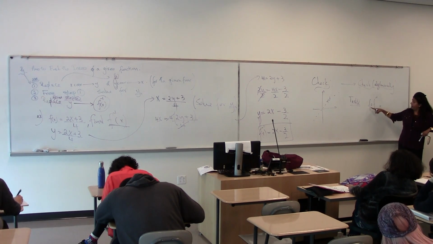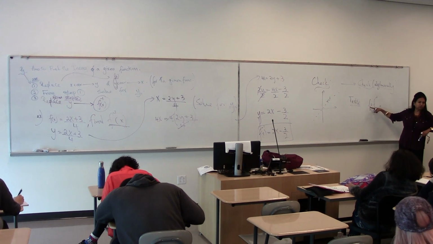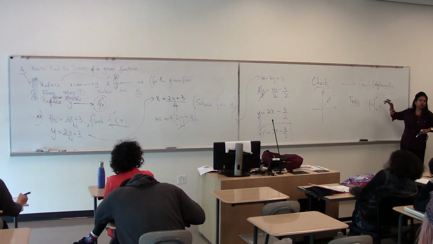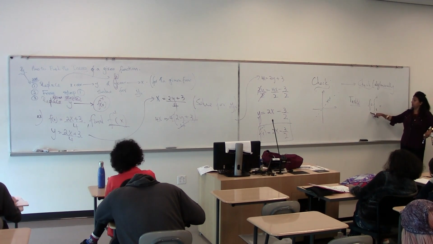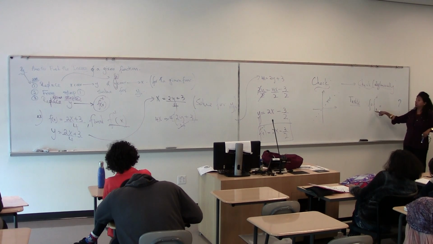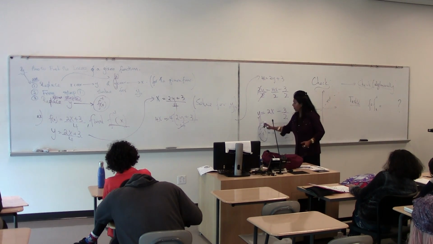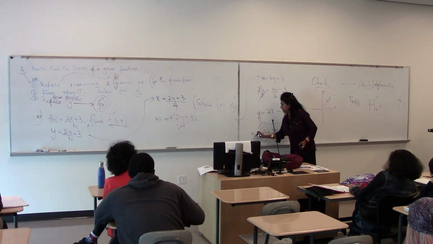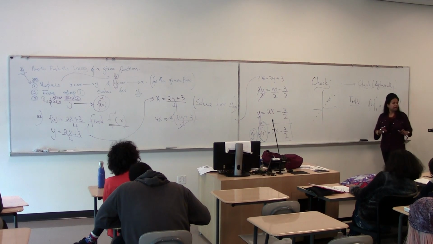We need both F and F inverse, because F and G are inverses of each other. When we compute this, it is supposed to give us x. So we need to see what this gives us. Instead of this F inverse, consider it as G, meaning F inverse. Are you following this, class?